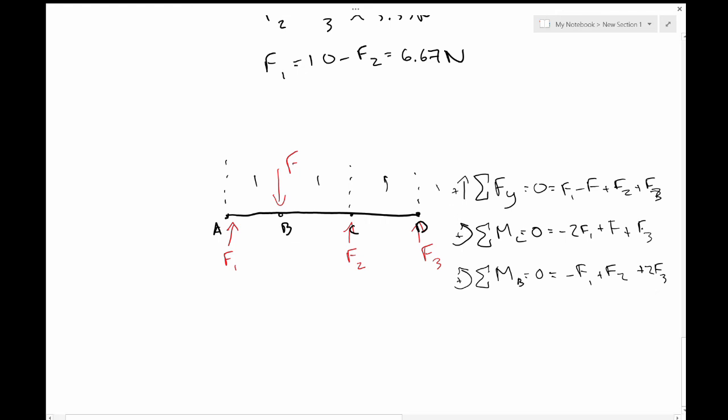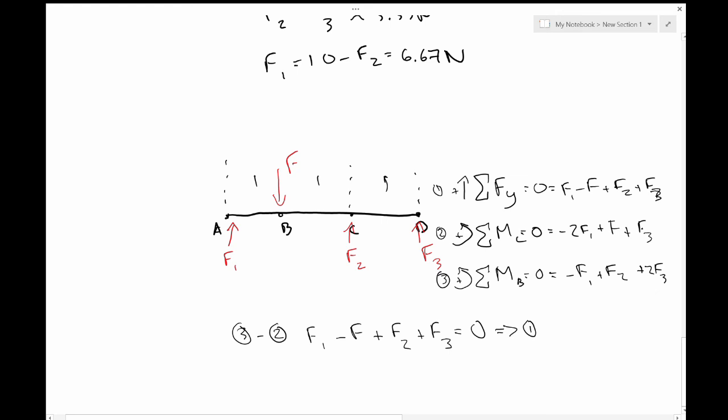But actually, if we label these equations 1, 2, and 3, and take equation 3 and subtract equation 2, what we'd find is that we'd get F1 minus F, then there's no F2 there, so we get plus F2, and then again plus F3 equals 0. And this is equation 1.